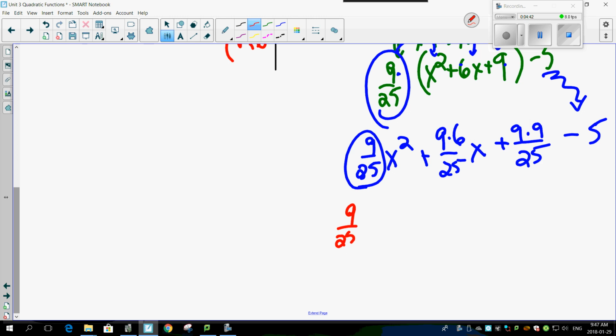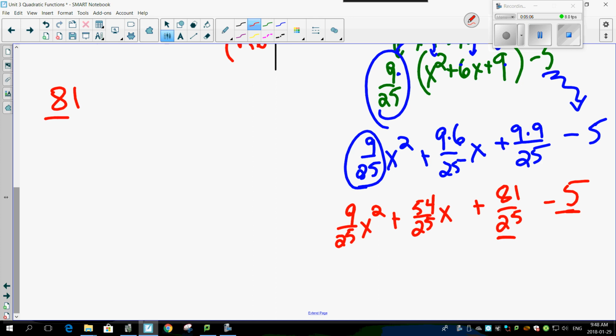9 over 25 x squared plus 9 times 6 is 54 over 25 x plus 9 times 9 is 81 over 25 minus 5. You got this ugly fraction that you have to deal with right away. So let's do this over here.